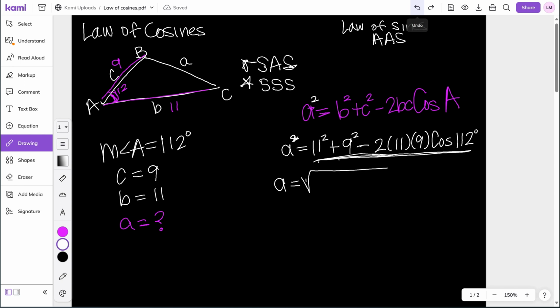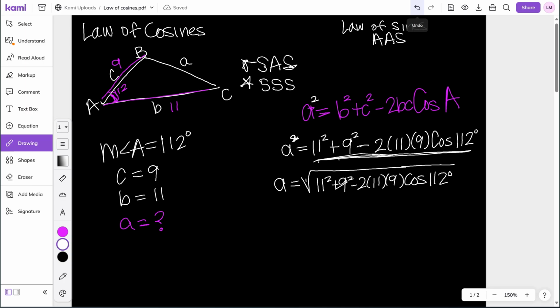And then I can put this whole thing in my calculator. So I can do square root and then put the whole thing in there, right? And that will give me side A.